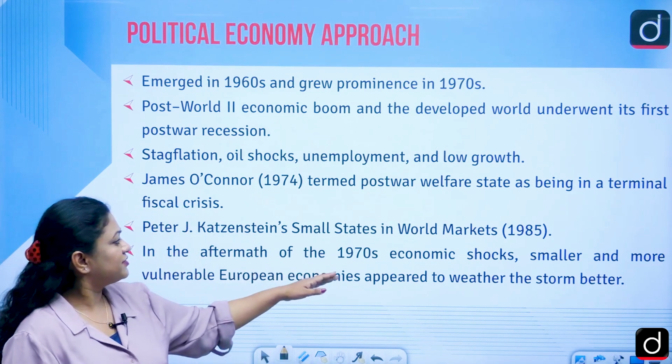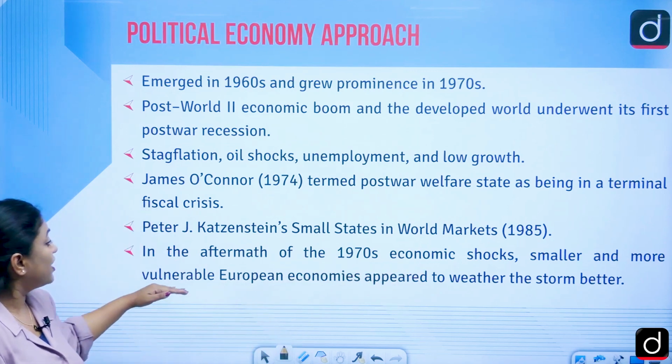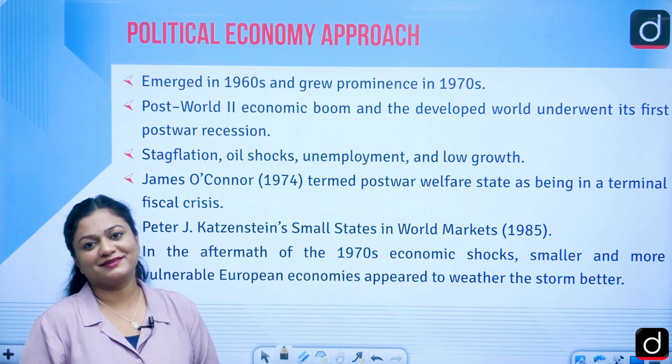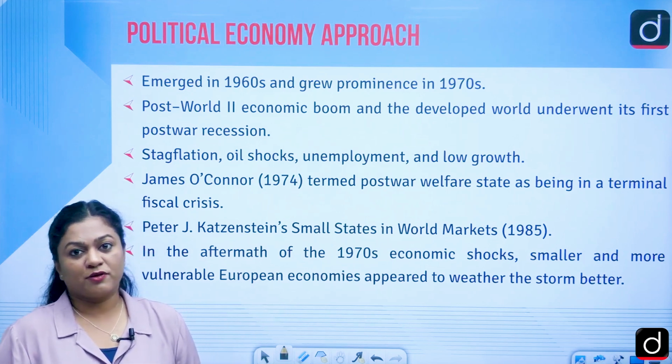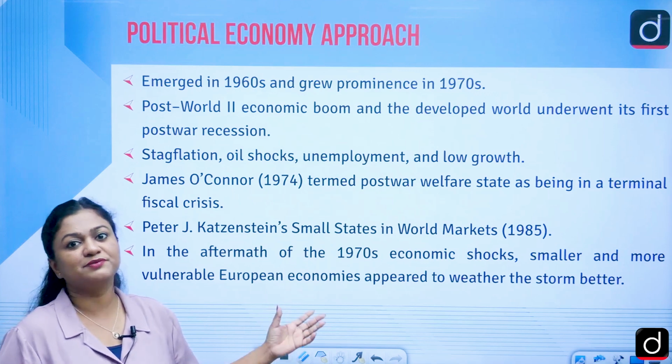In the aftermath of the 1970s economic shock, smaller and more vulnerable European economies appeared to weather the storm better. They were more capable of dealing with the economic crisis and the international financial crisis than the big countries.